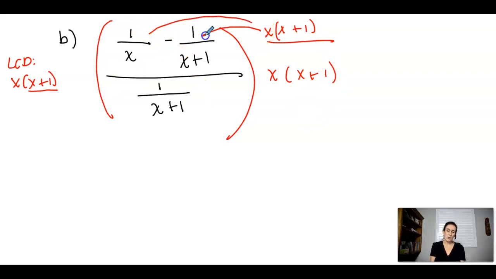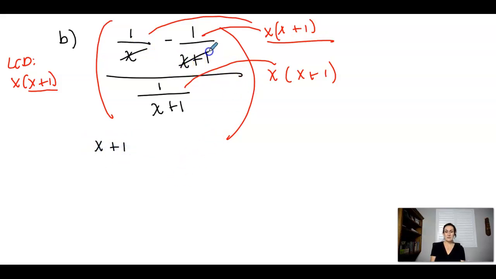You multiply both parts. And then in the bottom, you'll just multiply the one fraction by X times X plus 1. Looking in the numerator, the X is going to cancel with this X, leaving me 1 times X plus 1, which is just X plus 1.